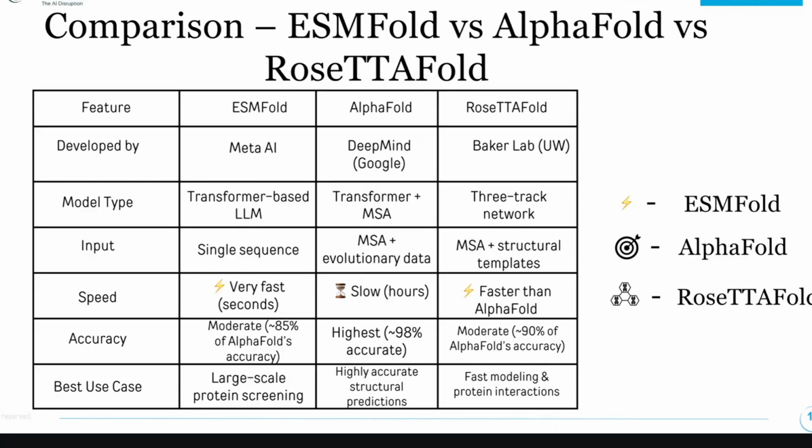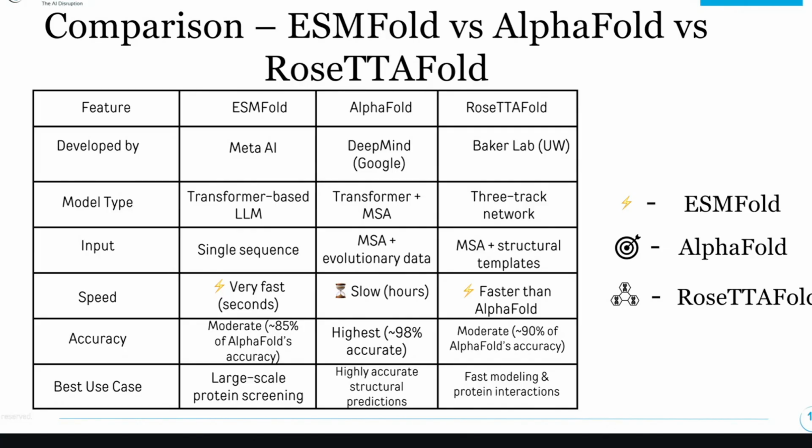In terms of speed, ESMFold is lightning fast. AlphaFold is slow. RosettaFold is faster than AlphaFold, but not faster than ESMFold. For accuracy, ESMFold comes to about 85%, but what stands out for AlphaFold is that it is highly accurate. You can highly rely on AlphaFold's predictions on a certain protein sequence, whereas RosettaFold is around 90% of AlphaFold's accuracy.